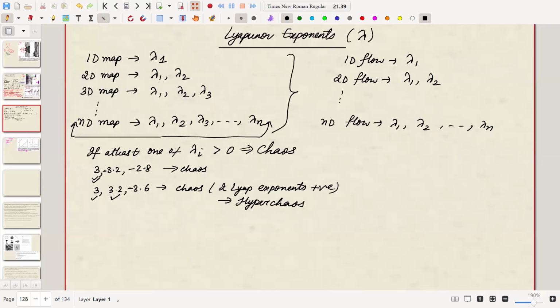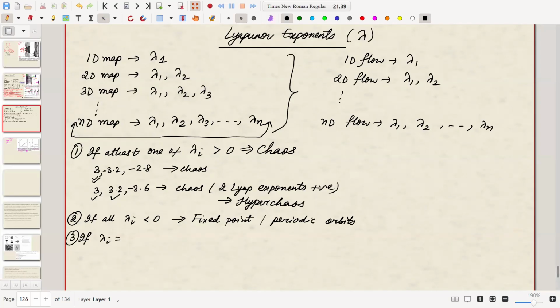Now, this is about chaos. If all lambda i's, all Lyapunov exponents, are less than 0, then either it is a fixed point, that is a steady state, or it can be a periodic orbit. Third, if some lambda i is close to 0, then it is quasi-periodic, which you just saw before, isn't it?